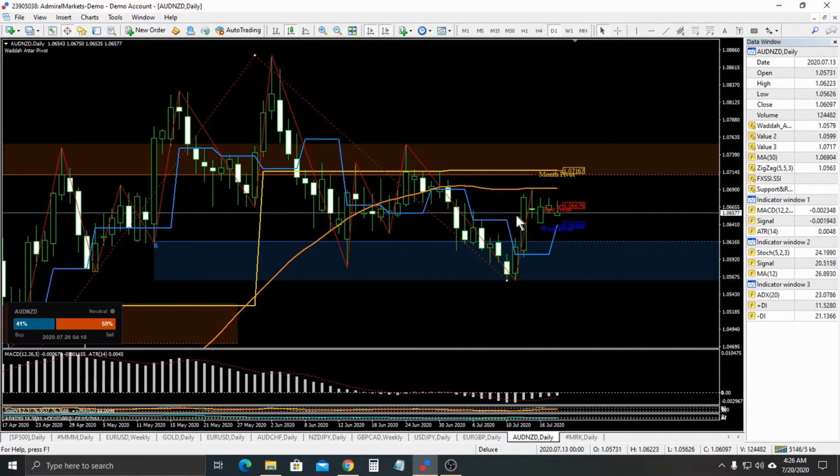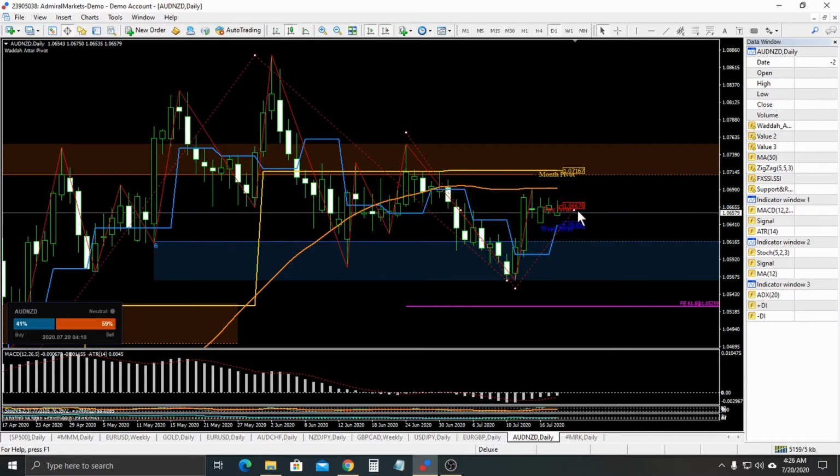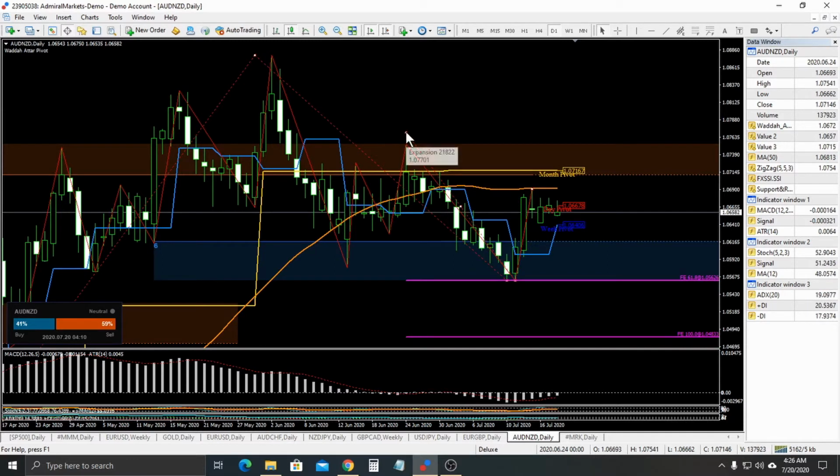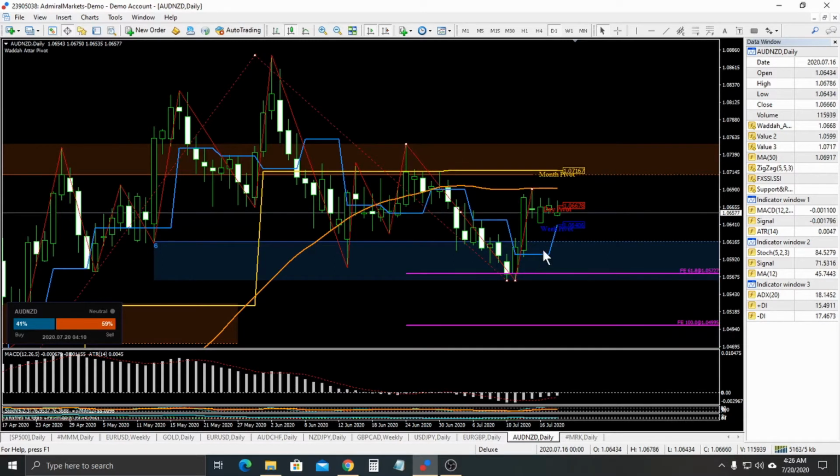Right now on the daily, on the Aussie Kiwi, we have a BBR, and I'm going to draw the targets that I would get from the BBR onto this daily chart of the Aussie Kiwi.